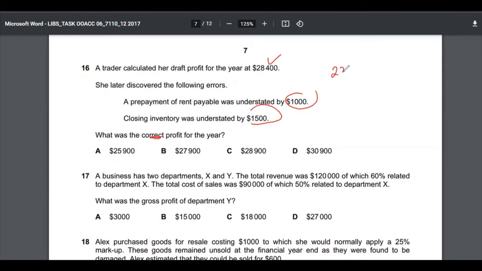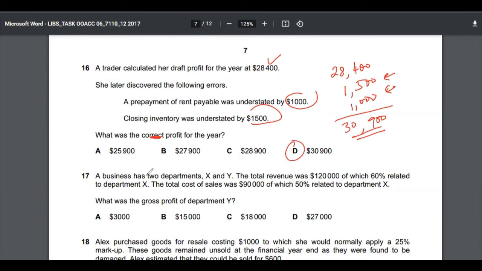All you need to do is add both the numbers, because the profits have been understated. So 28,400 plus 1,500 for closing inventory understated, and then $1,000 for the prepayment of rent that was understated. Your total profit will come to 30,900. So the correct answer to multiple choice 16 is option D.